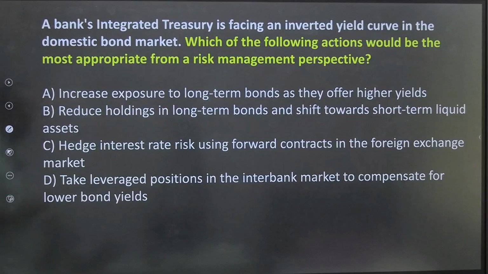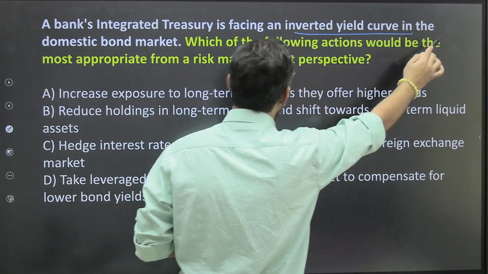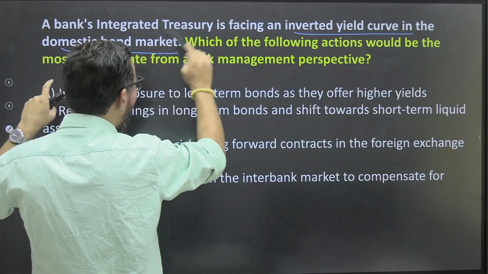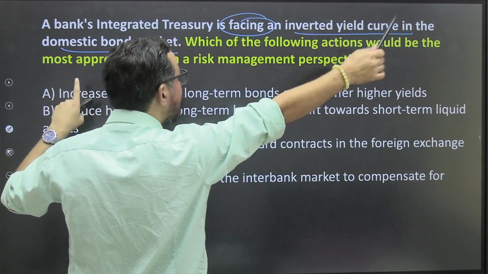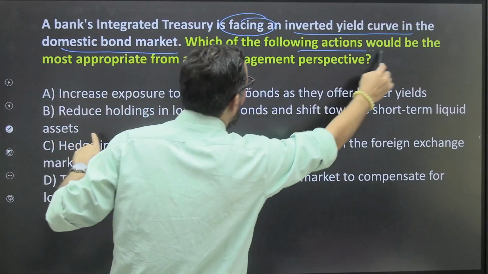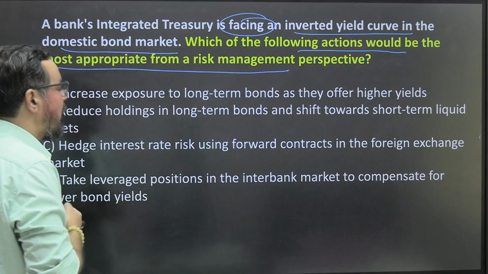Next one. A bank's integrated treasury is facing an inverted yield curve in the domestic bond market. Which of the following actions would be the most appropriate from the risk management perspective?